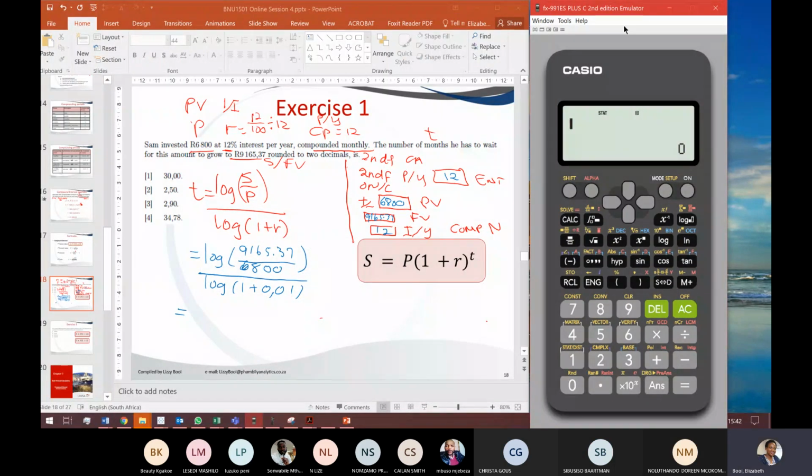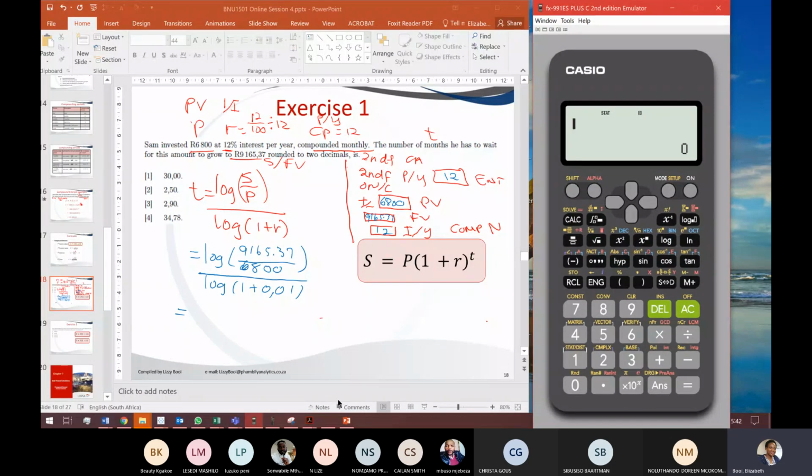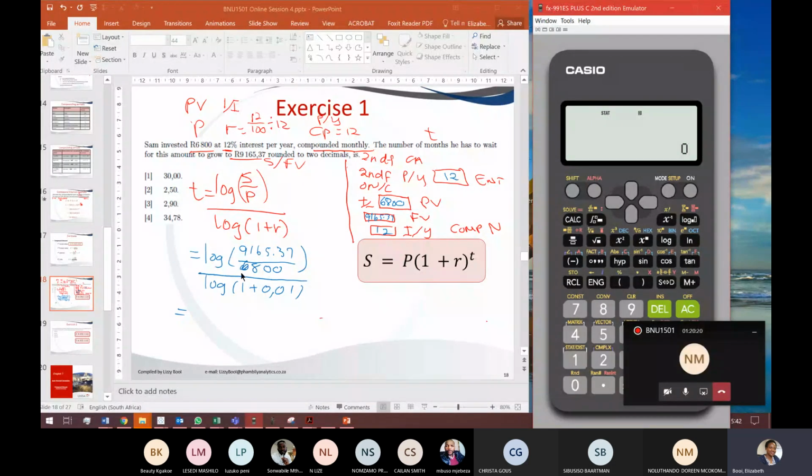Okay, do you all see my screen now with the presentation and my calculator? So this is a Sharp calculator. I'm only going to do the manual calculations.